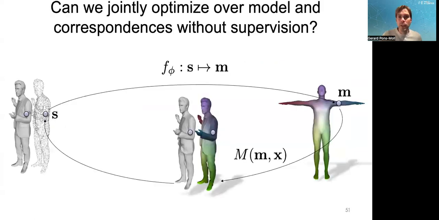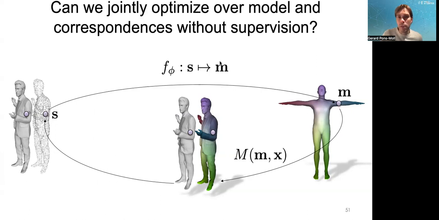So this is what we proposed in this work, in which we are optimizing over model and correspondences without supervision, or with self-supervision. We consider a network f_phi that maps every scan point to the corresponding model point on the surface.